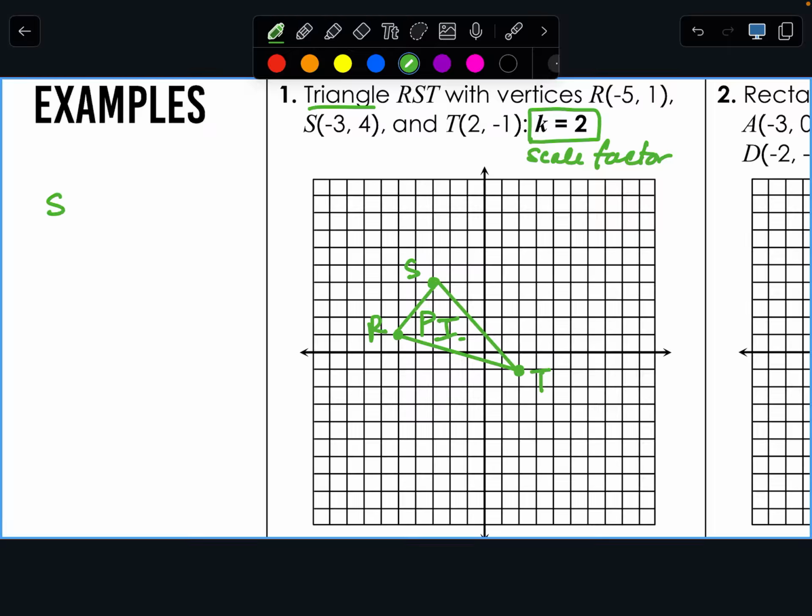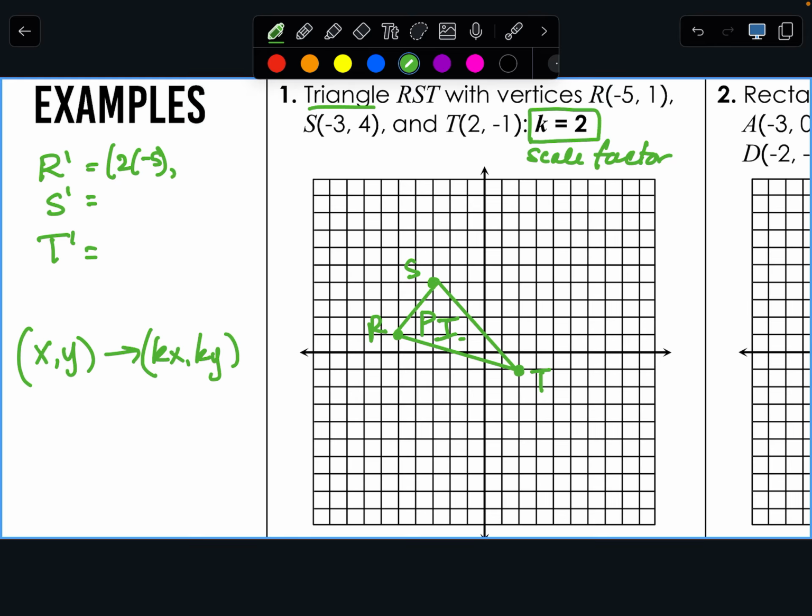Now, for R prime, S prime, and T prime, my rule is that I go from xy to kx, ky. So this is 2 times -5, 2 times 1. 2 times -5 is -10, and 2 times 1 is 2.